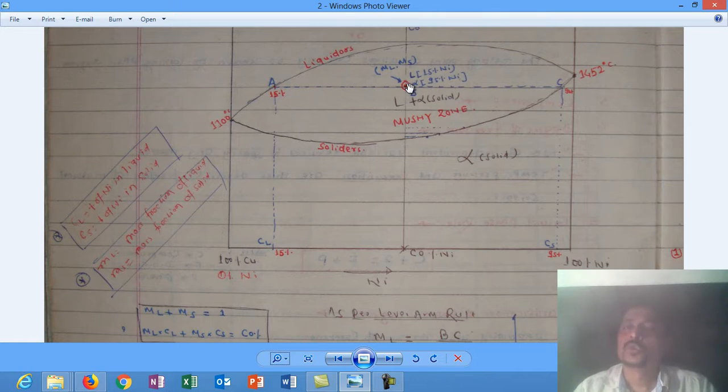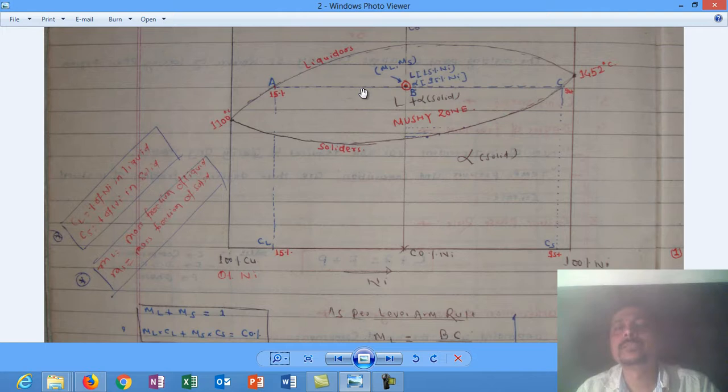Okay, the mass fraction of liquid. Since the liquidus is there, the line is divided into two segments, AB and BC. So we have to find the mass fraction of liquid.